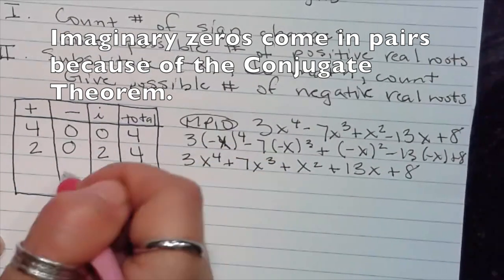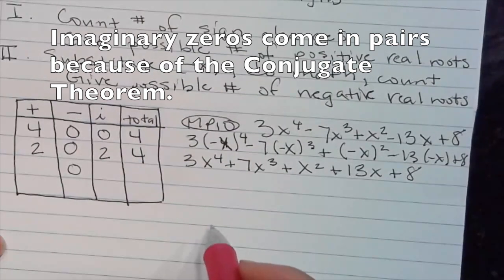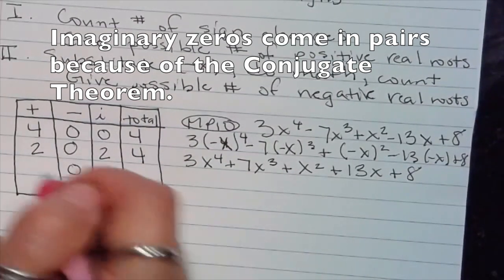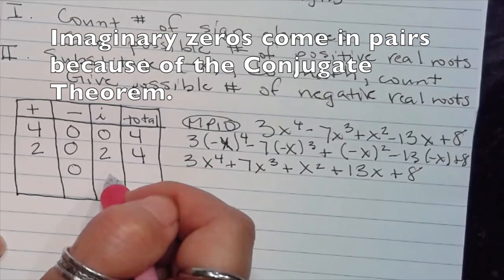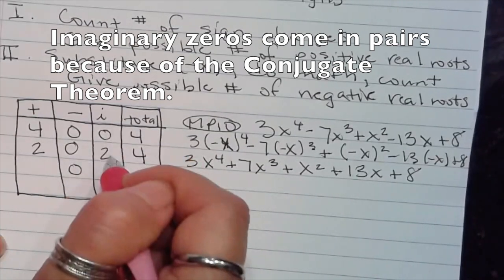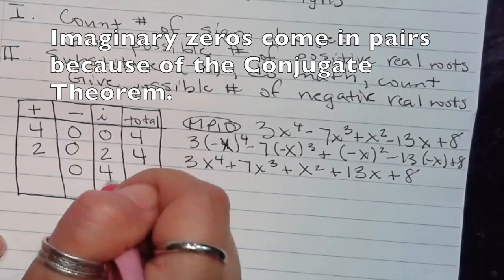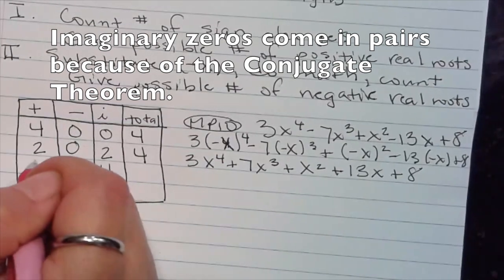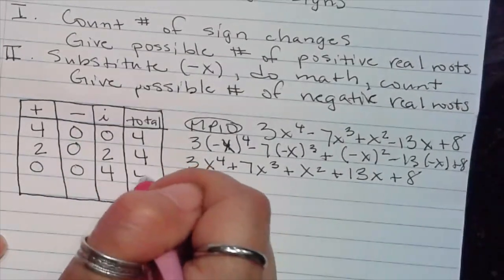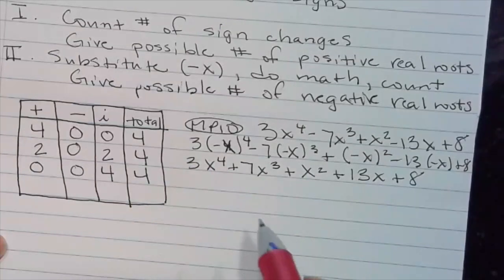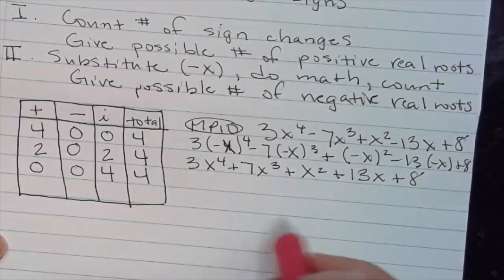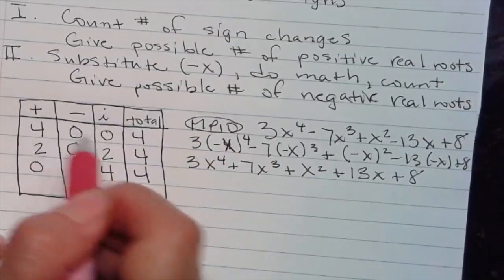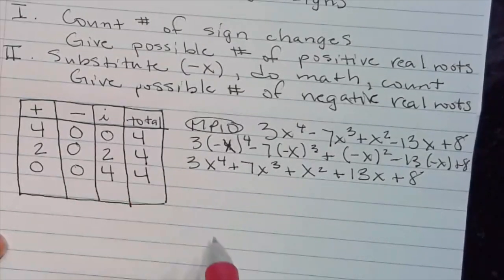And the last one is, if there are 0 negative roots, imaginary roots come in pairs, so it could be 2 imaginary or it could be 4 imaginary, which means positive roots, there's going to be 0, again, for a total of 4. Now, this is just a guess and check. When you get your answers, these are the only possible combinations of roots that you can get.